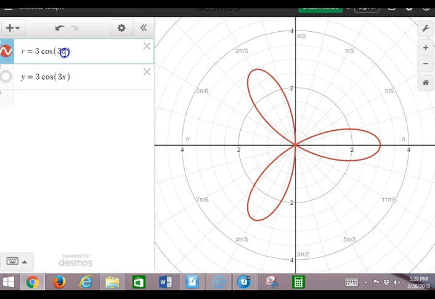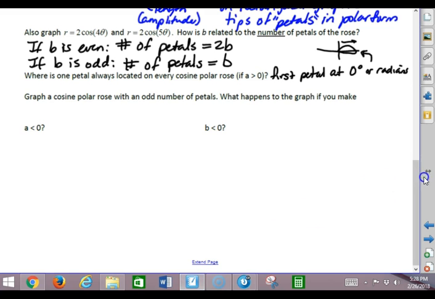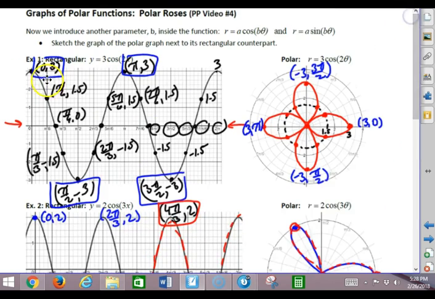Now let's see what happens if we make this number negative. Turns out nothing changes at all. And that's because if we think of a cosine graph, if we do a positive angle or a negative angle, think of what a cosine graph looks like.